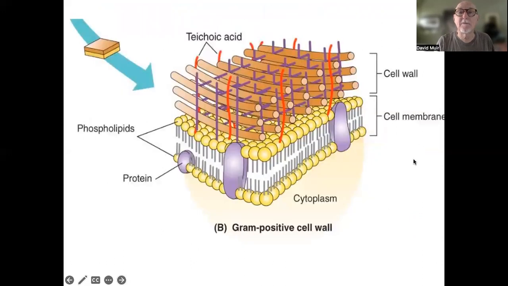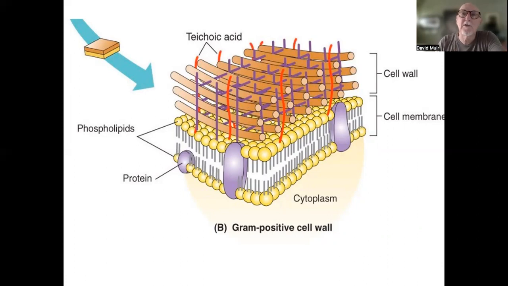So the gram-positive cell wall consists of many of those peptidoglycan sheets, and they are anchored together by, for example, this molecule here, teichoic acid, which actually not only links them, it ties the sheets to the cell membrane. Then there are other proteins which link all of these sheets together into a very, very strong meshwork that forms the cell wall.